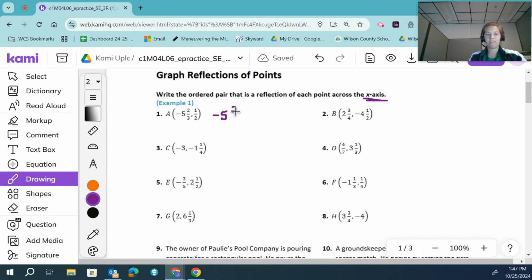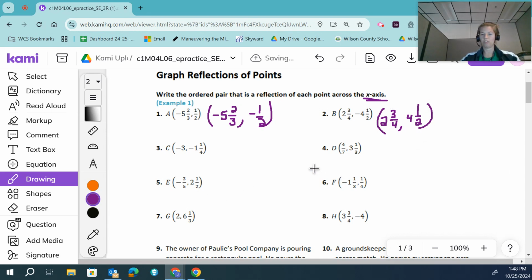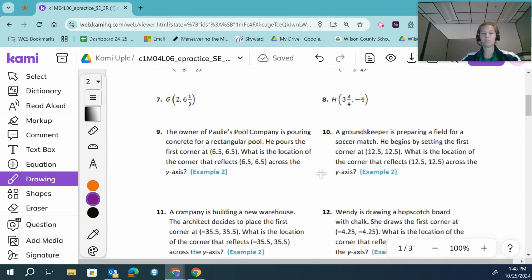So -5, 2/3, and then we take the opposite of the y value, so that becomes -1/2. And that's your new point. So across the x-axis, this stays the same, and then I take the opposite of my y value. There's a couple more for you to try.